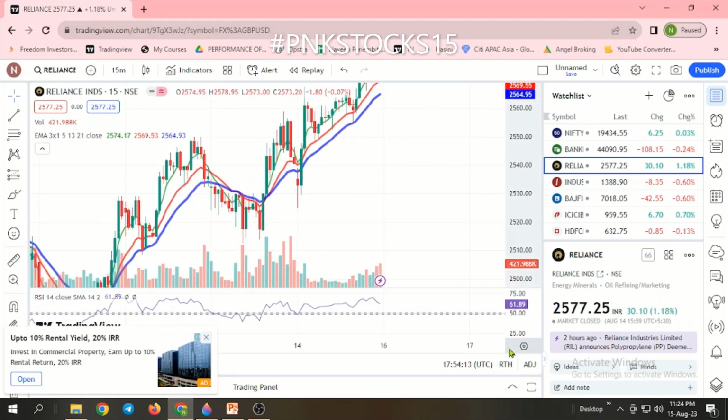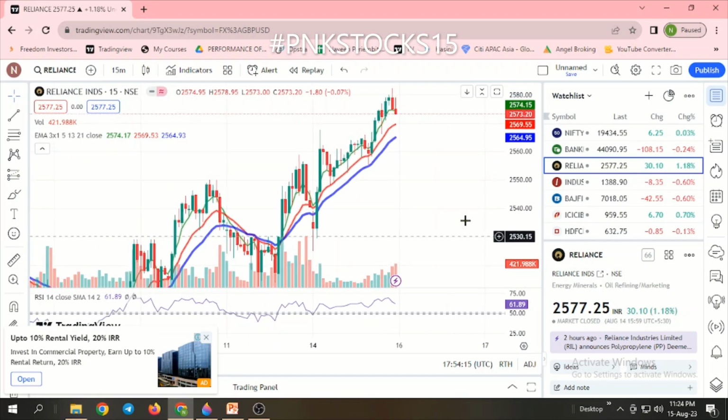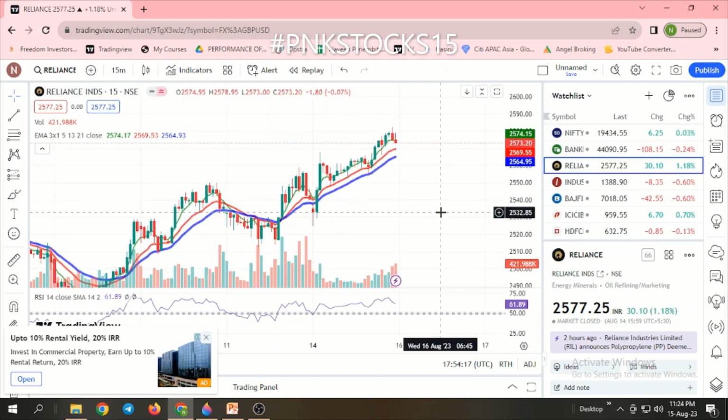So our strategy: if you are a beginner, work only on the 15 minute time frame chart. If you are a pro trader, you can still work on the 5 minute chart.